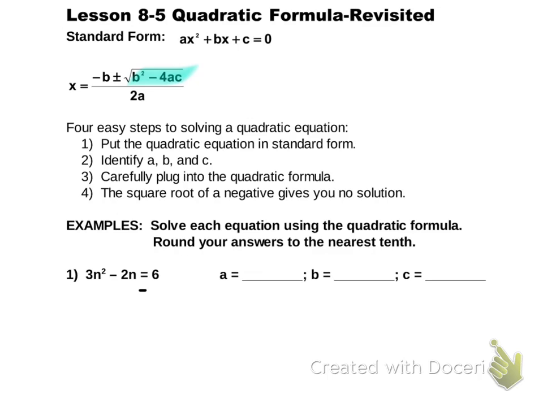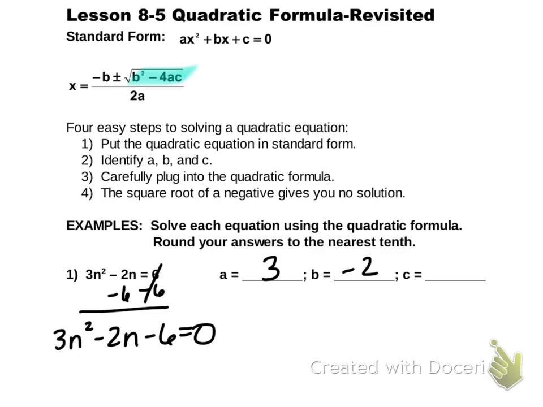So here we have 3n squared minus 2n is equal to 6. I need to move 6 over to the left side because I need 0 on the right side. So now I have my equation. And here, my A is 3, my B is negative 2, and my C is negative 6.